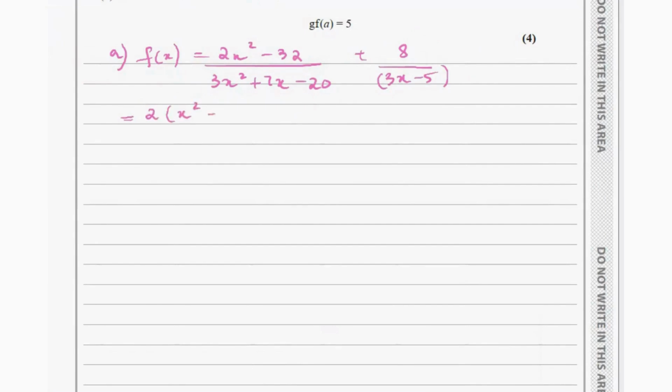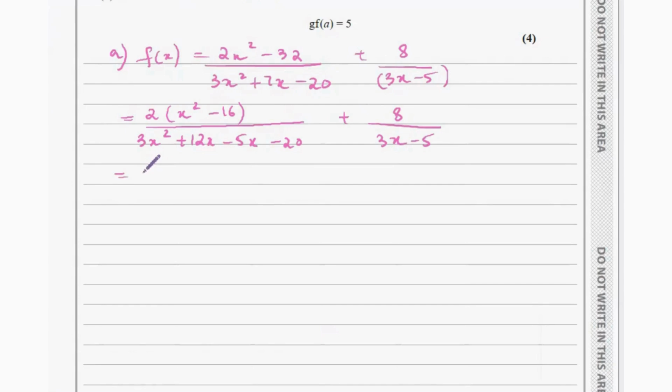So x squared minus 16 in the bracket. The denominator, we can solve it by splitting the middle term. 3 times 20 is 60. Factors of 60 which we can use to replace 7 are 12 and 5. So 3x squared plus 12x minus 5x minus 20, plus 8 over 3x minus 5 comes as it is.